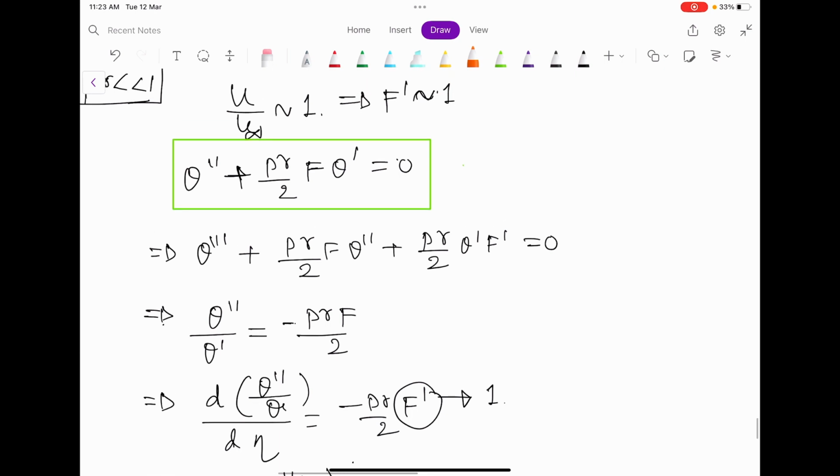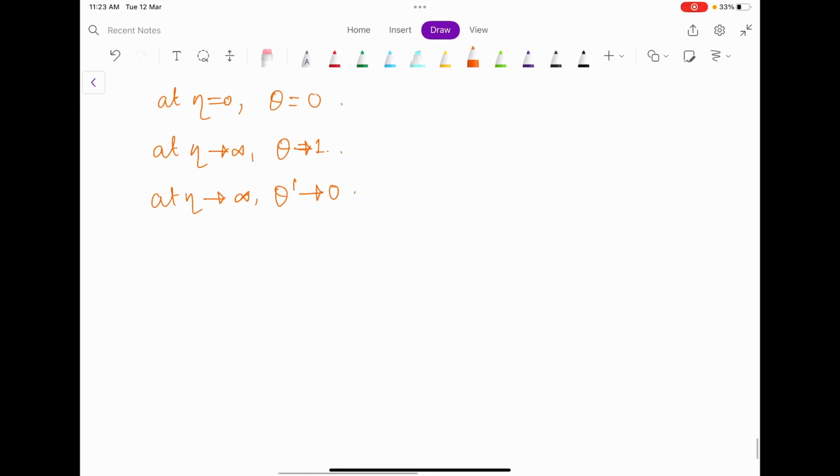So see, at eta equal to 0, f is the stream function I told, and I can take it as 0 at wall. So f is 0. So at eta equal to 0, this term goes to 0 as f is 0. So that means theta double dash is equal to 0 at eta equal to 0.